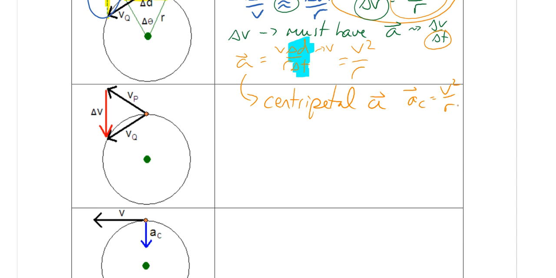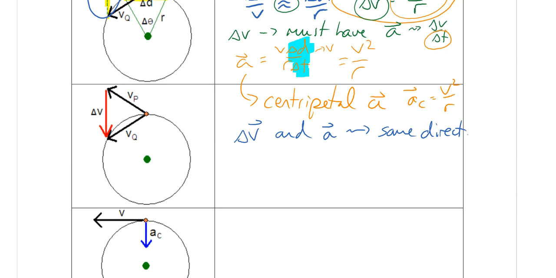Now, of course, acceleration is a vector. So it has magnitude, which the formula is great for, but it also has direction. And the direction of acceleration always points in the same direction as the change in velocity. So even with the classic stuff you guys have done, if you've got a change in velocity and you have acceleration, these two things have to have the exact same direction no matter what. If I go back to my picture, my change in v is pointing straight down between the two.